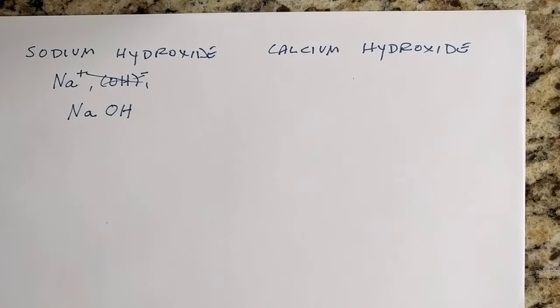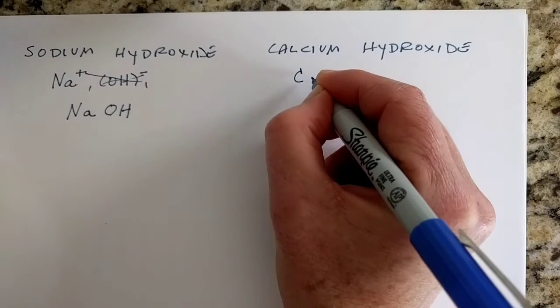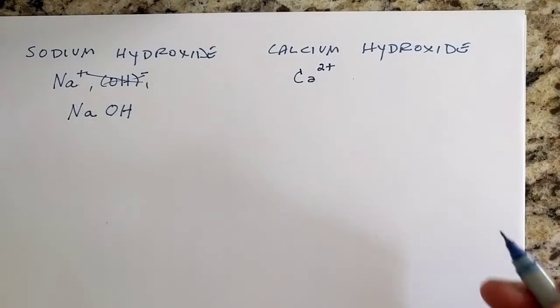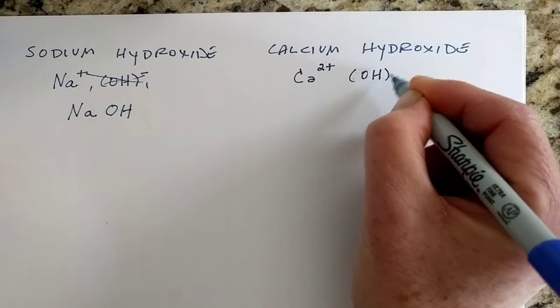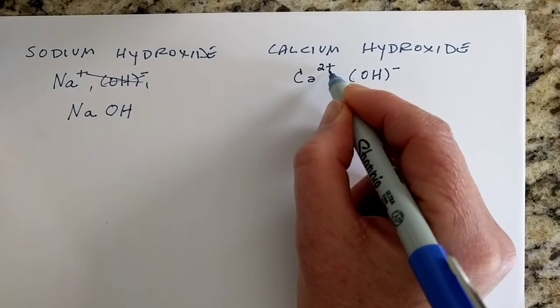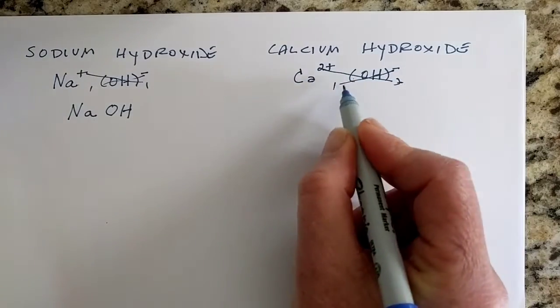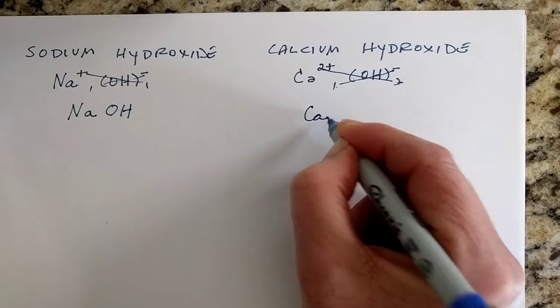All right, let's go over and look at calcium hydroxide. So calcium is Ca, and it's in group 2. It's a 2+ ion. And hydroxide, we already looked that up. That's OH with the -1. Cross the charges. And then 1 to 2 is the lowest whole number ratio, so rewrite it as Ca.